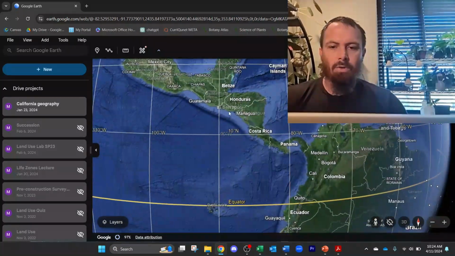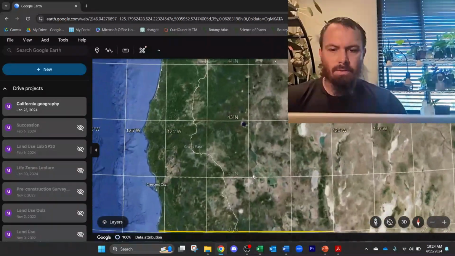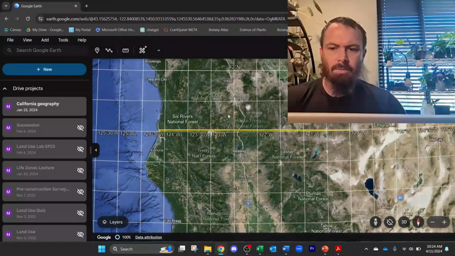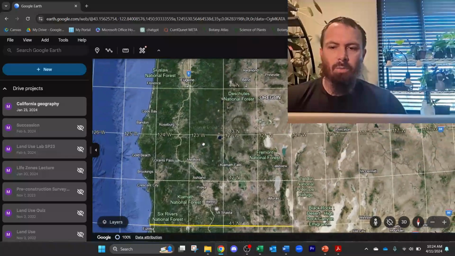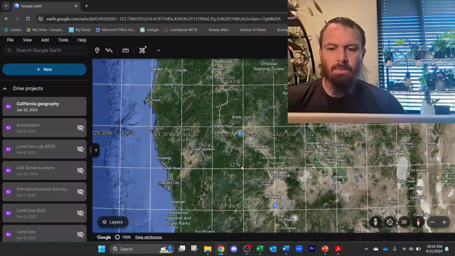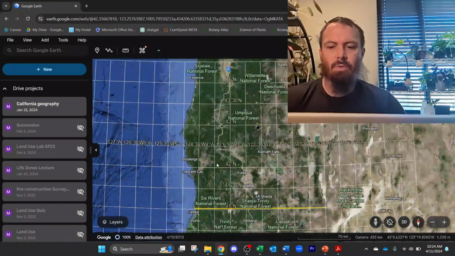Now, if we zoom into California, here's the California border, which is roughly around 42 degrees. I'm not sure what that yellow line is there. But right about 42 degrees is where California and Oregon separate.